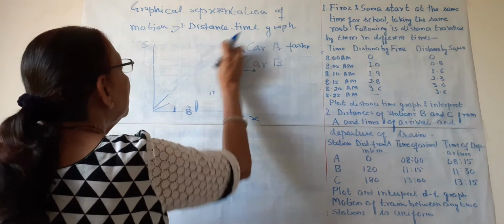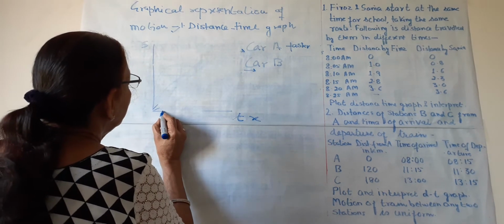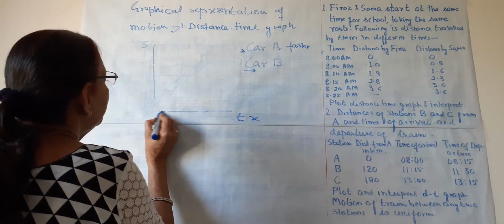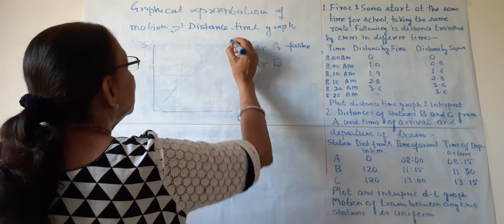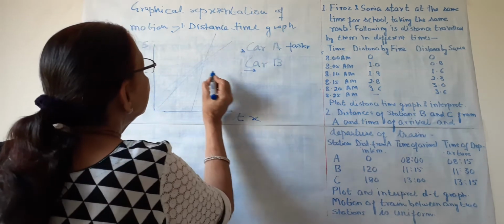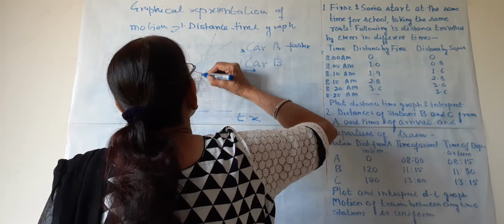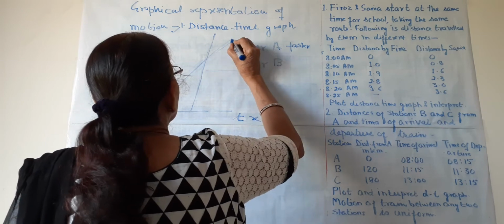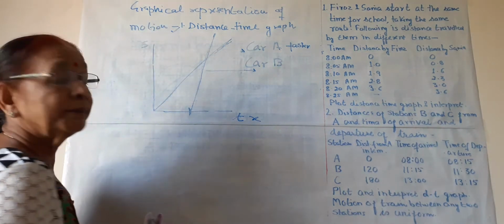Or you can have a different situation also. You can have two lines of two different cars. Suppose one is going like this, this is car A, and one is going like this, this is car B. This car starts its motion at this time.